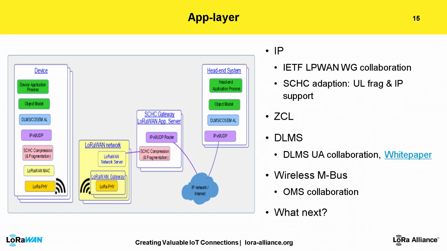The most obvious one is IP, but IP is too big to carry over LoRaWAN. So we went to the IETF and started collaborating. The IETF LPWAN working group specifically defines a super compressed IP over constrained links like LoRa.